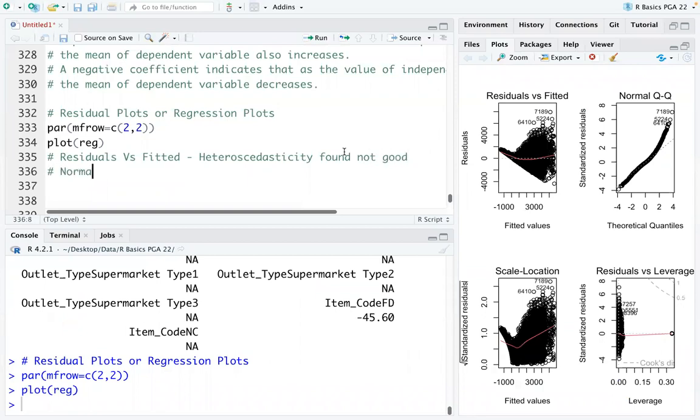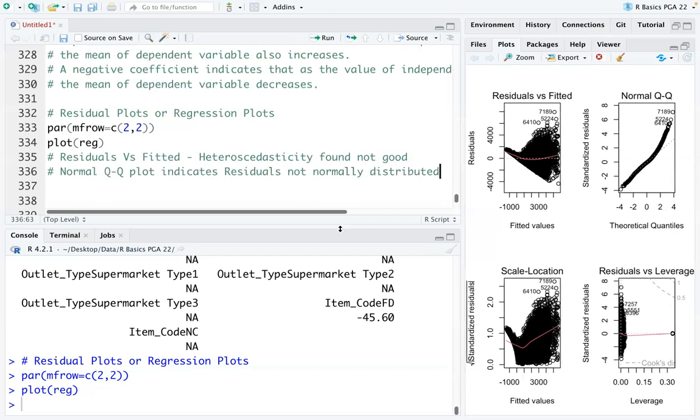Similarly, the normal Q-Q plot indicates residuals not normally distributed because most of them are not on the line.